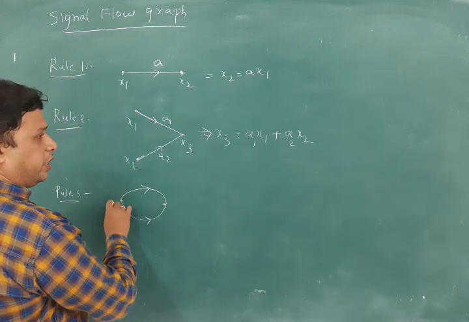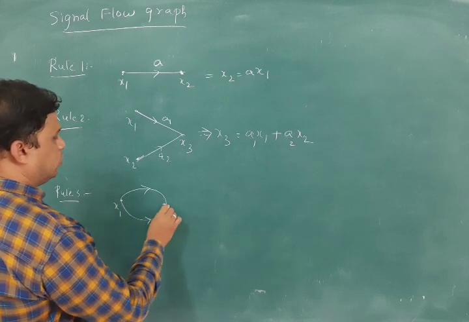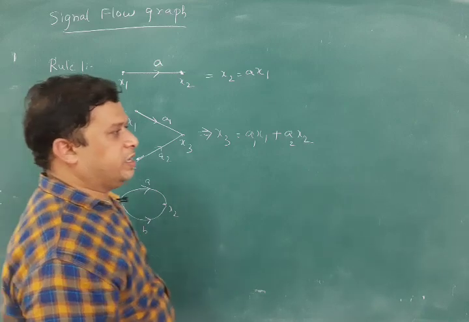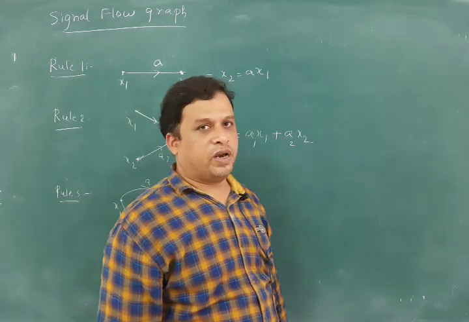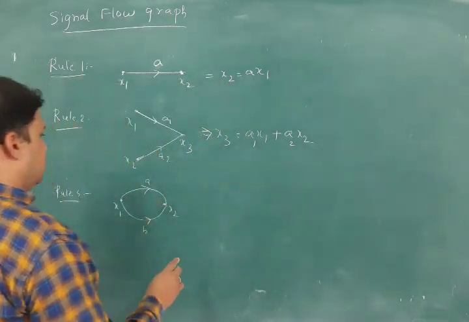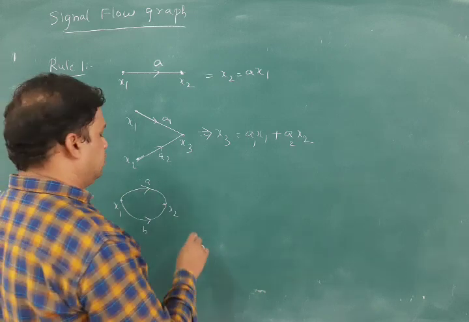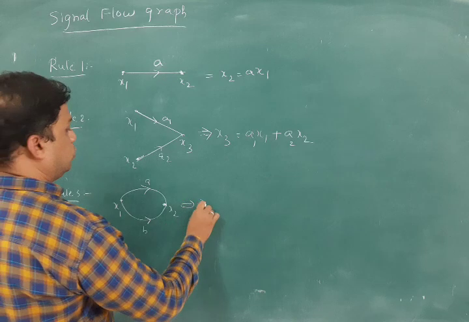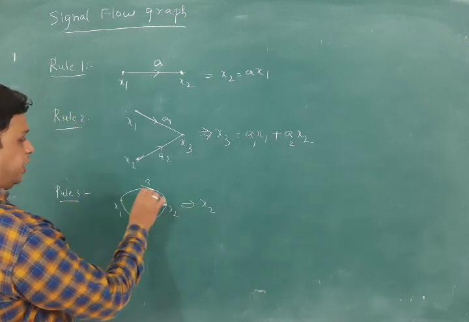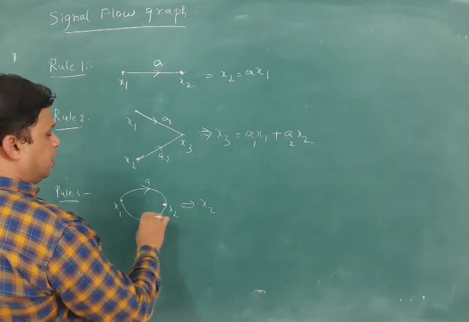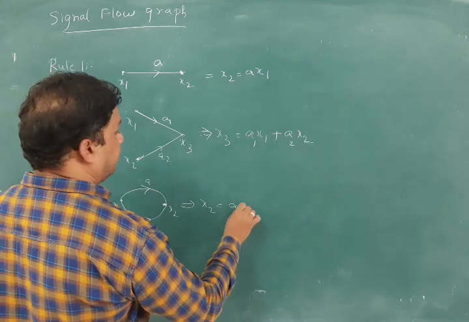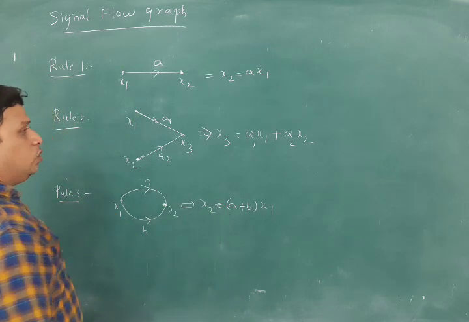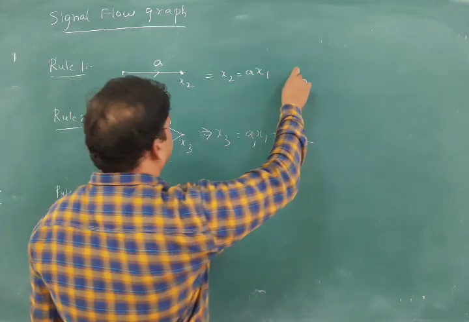This is suppose x1 and this is suppose x2, and this is A and this is B. What we can write here is, this is the output node, implies x2 is equal to, we can combine these two as they are coming towards x2, we can combine A plus B into x1. x2 is equal to A plus B into x1, we can write like this.